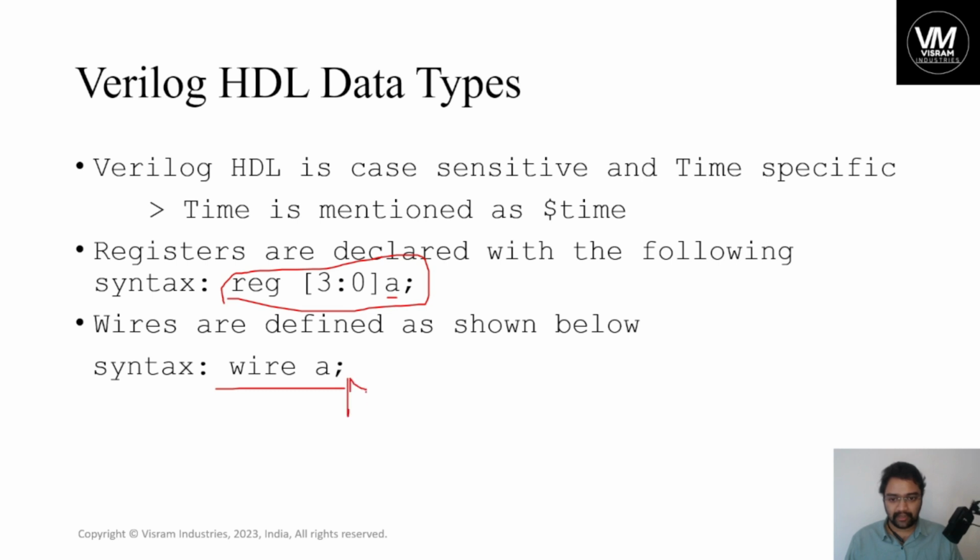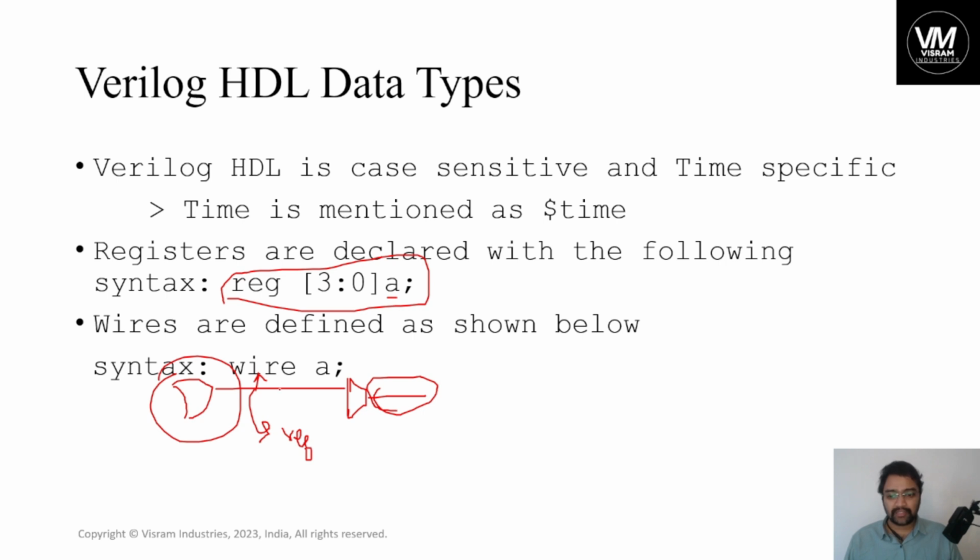For example, if you have a mux and an OR gate, the interconnect is nothing but a wire. Whatever output you get from this mux can also be called a register in terms of the OR gate.